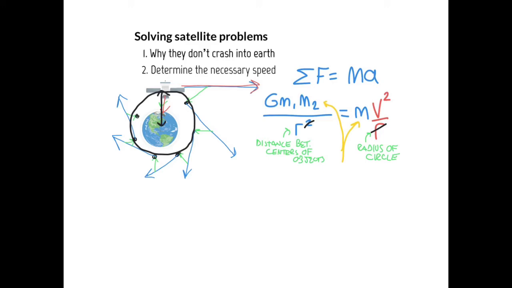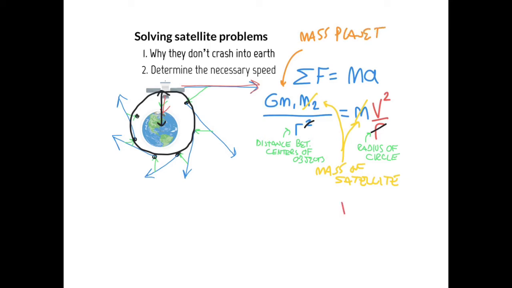So that tells me that on the right-hand side, this is the mass of the satellite. And that means that the mass of the satellite is going to be the one that cancels on the left, which means it's the mass of the planet, or the central object, that remains.